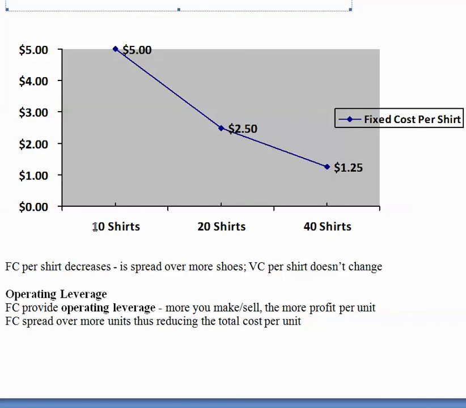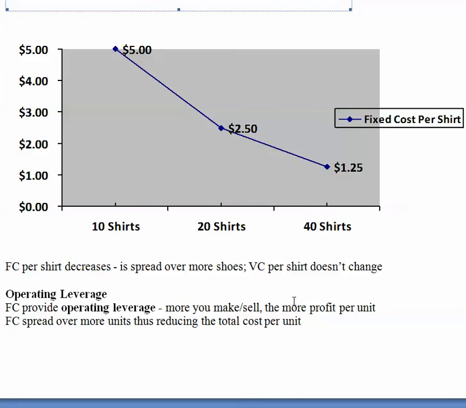So in other words, the $50, if you buy and sell 10 shirts, would only be $5 per shirt, but it'll even be less if you say buy and sell 20 shirts, because $50 divided by 20 would be $2.50, and you can see even less per shirt if you buy and sell 40.